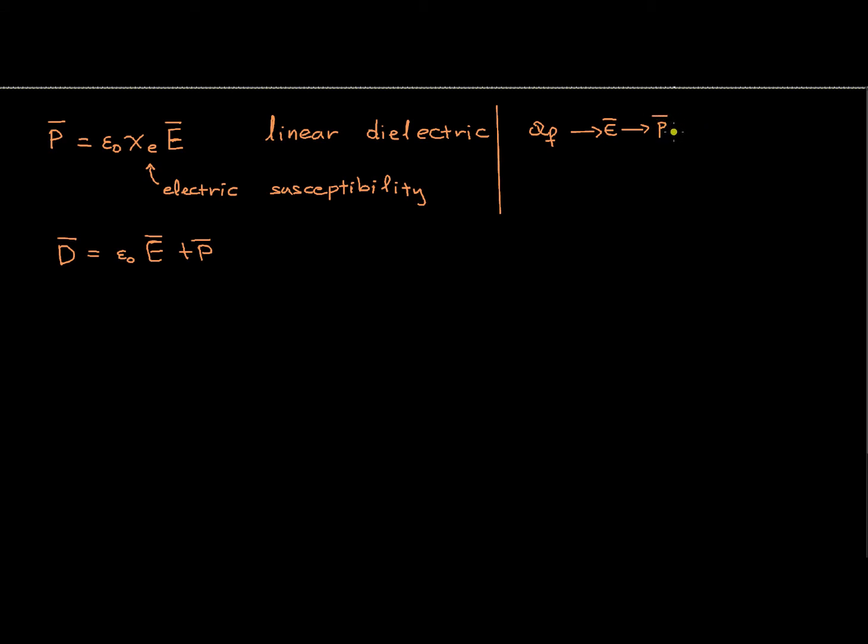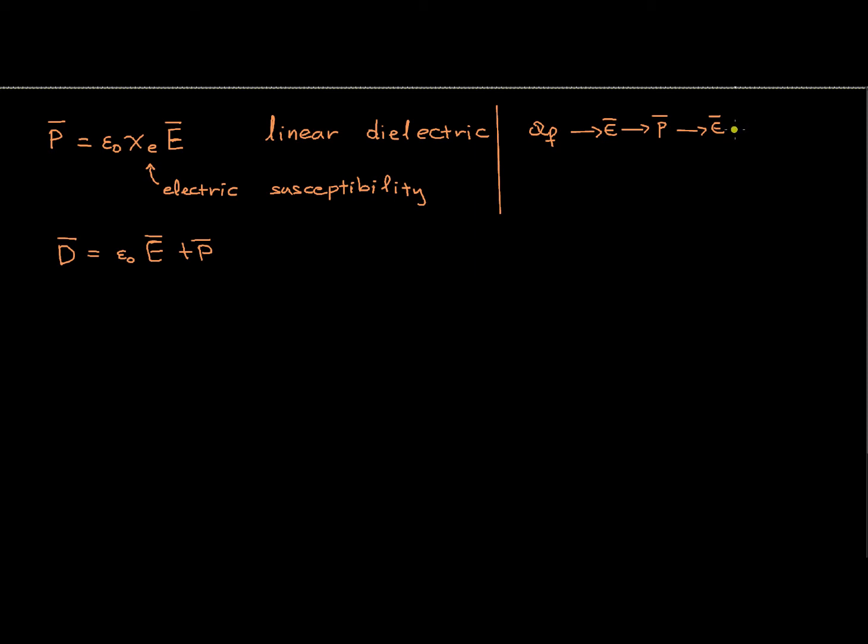Here is the thing. Once you start having induced dipoles inside your dielectric, those dipoles are as valid as the charges that you placed at the beginning, and those induced dipoles will affect the total electric field since they are dipoles.